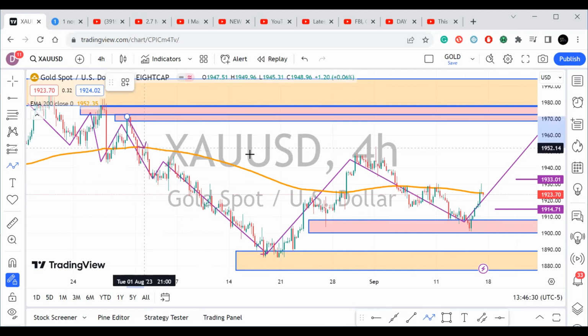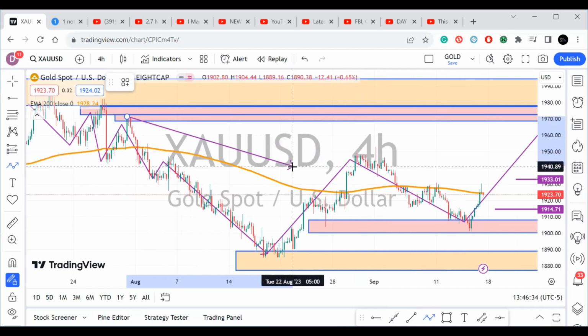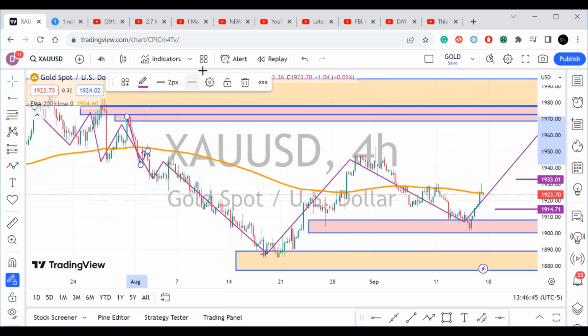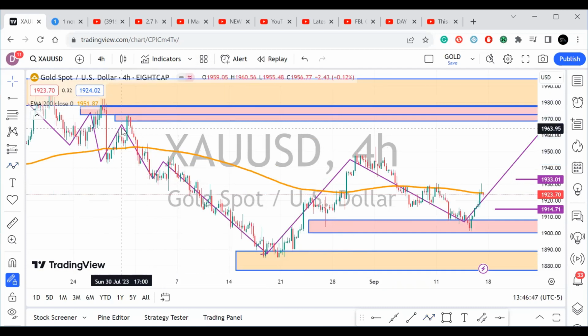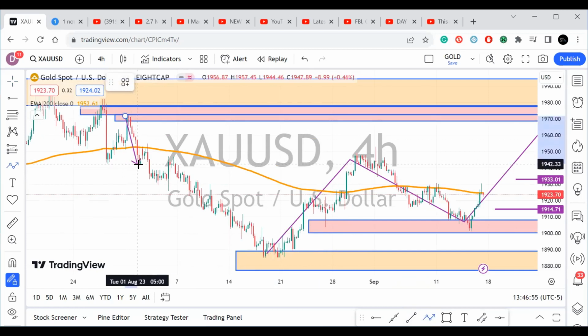There's a structure here which is aligned with this one. So let's say here price drops, we have a new high. Let me temporarily take out this one.